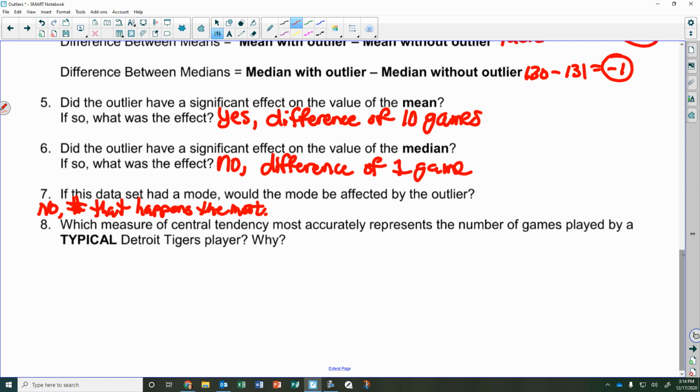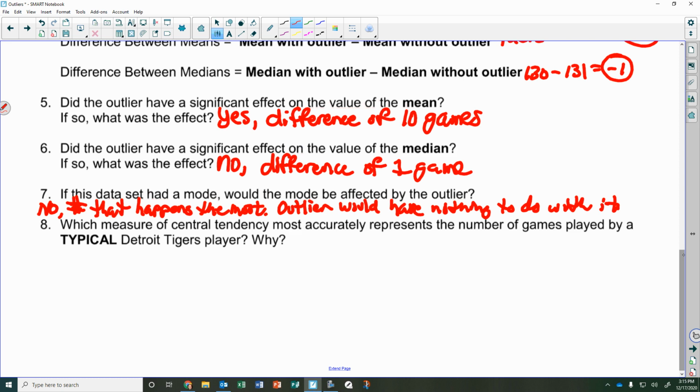So the outlier would have nothing to do with it. Because the median is still in the middle. The outlier would affect the mean, not the median. So when you add the mode, that's just the number that appears the most. It's still going to be the middle data. It's not going to affect the mode at all because it only is the number that appears twice.